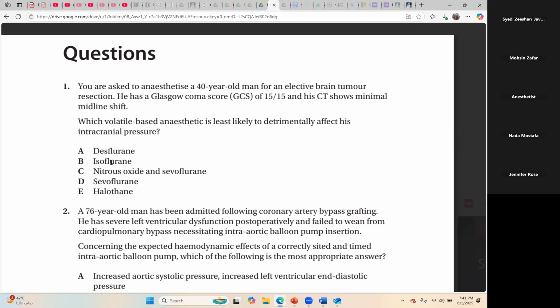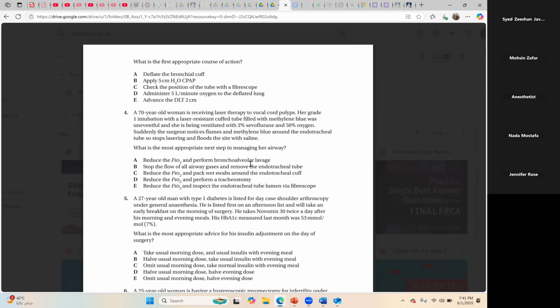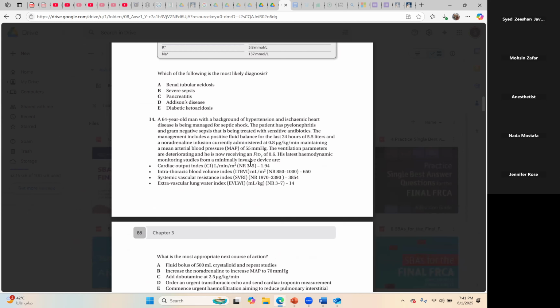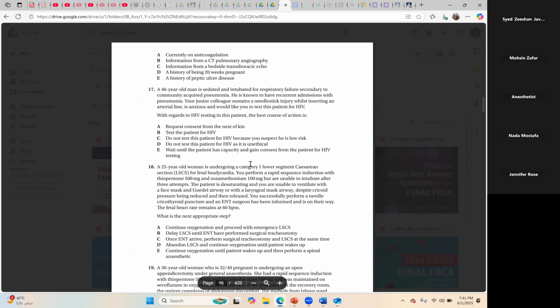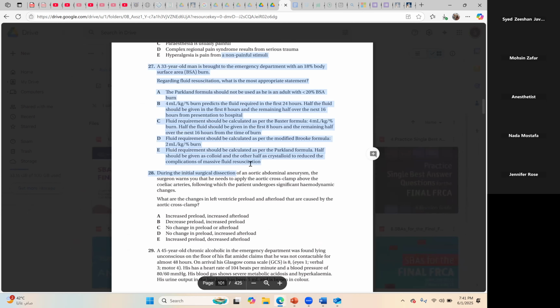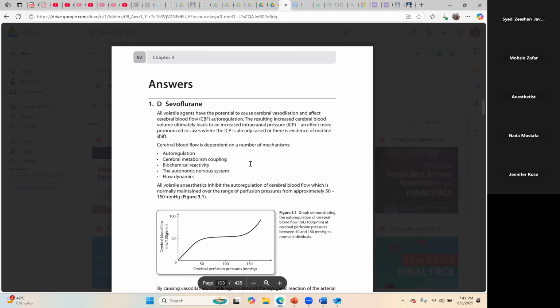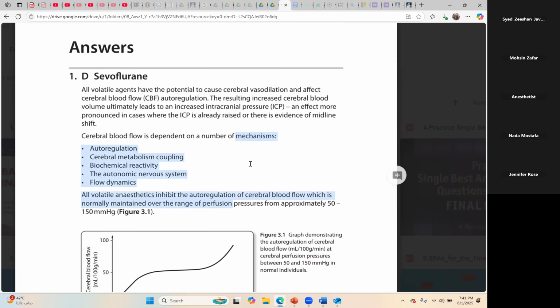So I'm not sure whether it will be isoflurane or sevoflurane, so let's see what the answer is. Okay, they have put the answer as sevoflurane.